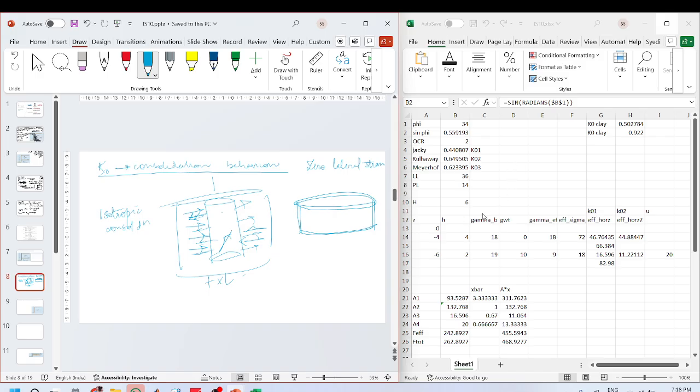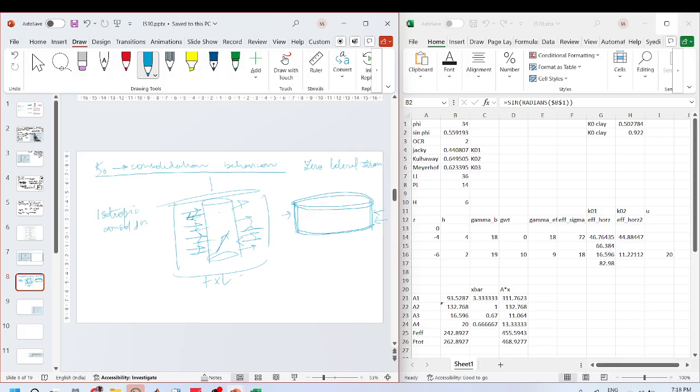Okay. So the consolidation ring prevents any strain from occurring at the ends, and this practically is what the K-naught condition means.